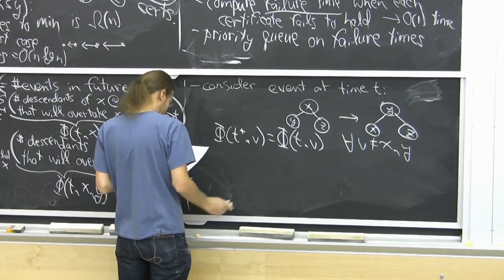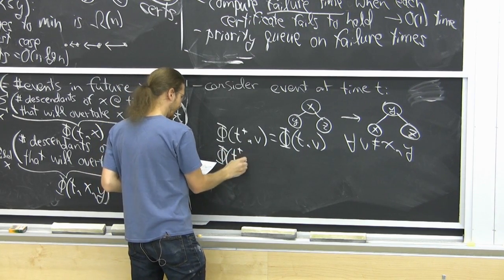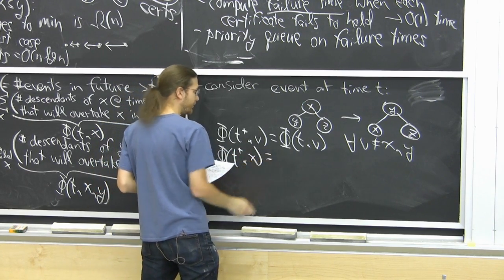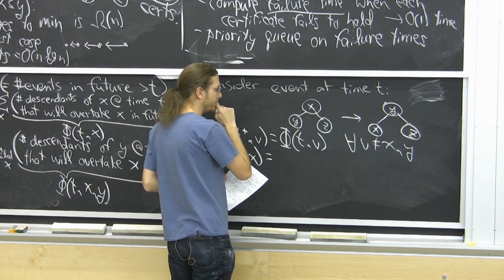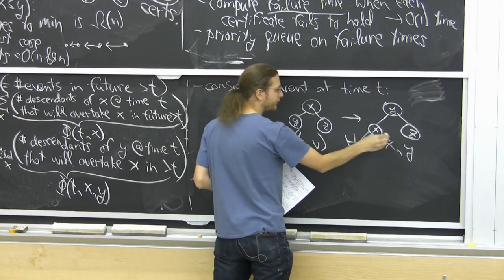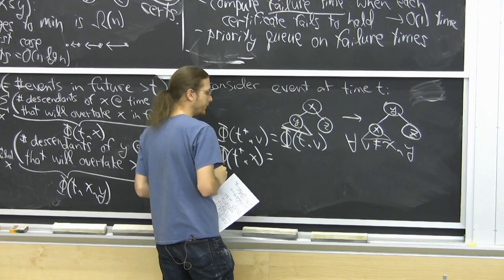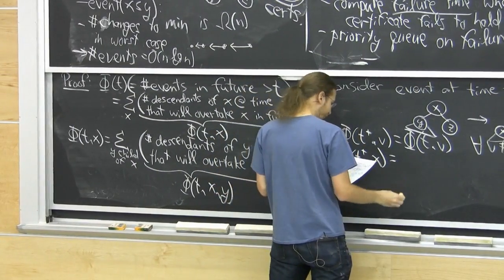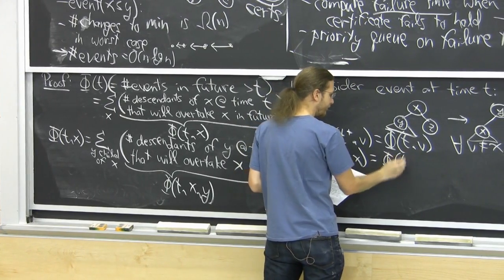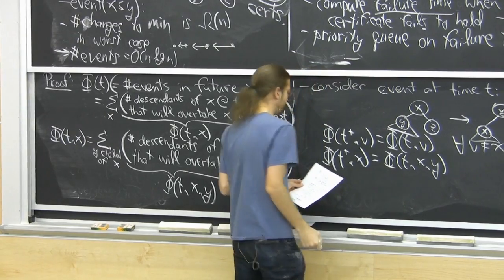So we only have to think about x and y and how their potentials are changing. Let's look at x. X is pretty simple. X went down. So we care about now the descendants of x. Those are what used to be the descendants of y. So what are the descendants of y that will overtake x? That is phi of t x y. That's the definition here.